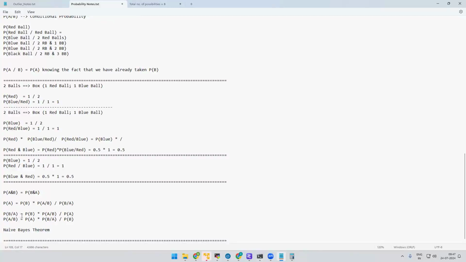If we formulate it, it's going to be like this: probability of B given A equals probability of B into probability of A given B, divided by probability of A. Probability of A given B is actually probability of A into probability of B given A, divided by probability of B. So all the Naive-Bayes based algorithms depend on this theorem. This is the whole idea of the Naive-Bayes theorem.